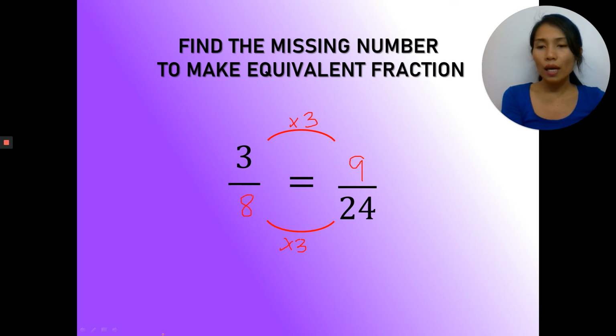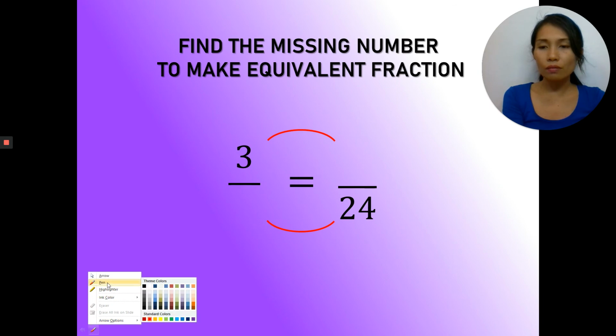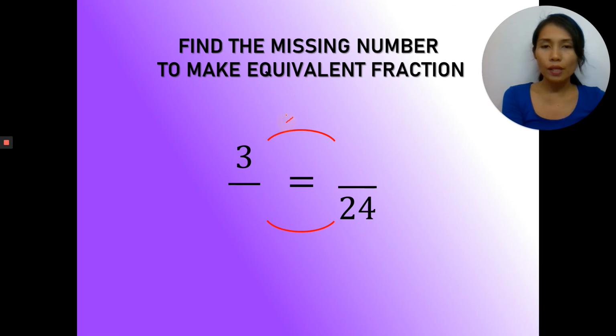What if I try 2? Okay, let's see. What if I wrote here 2? Will I get a correct answer? Okay, 3 times 2 equals 6. Okay, 24. Since we are going to a smaller number, that means we are reducing.